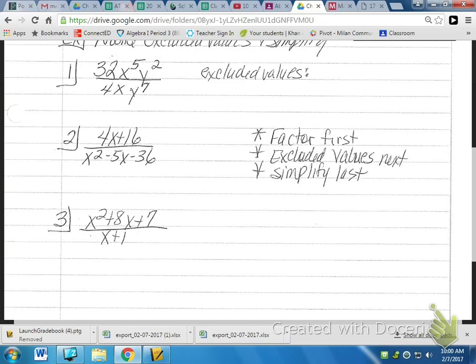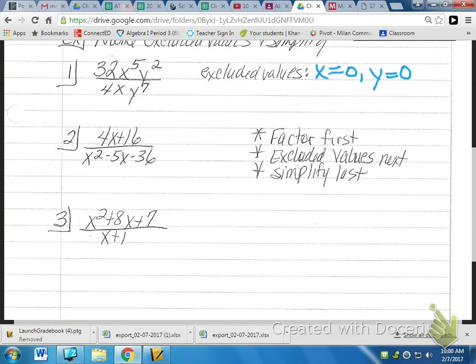And they're all being multiplied together. So in this one, the excluded values, x equals 0 and y equals 0. If either one of those things happened, this problem would be completely undefined.